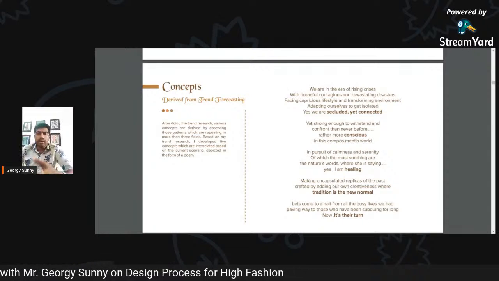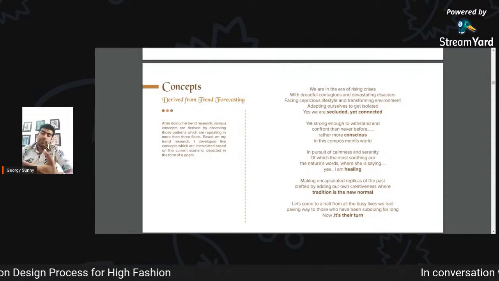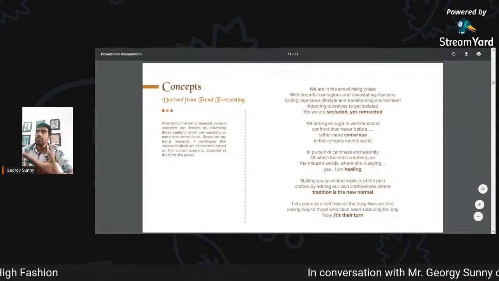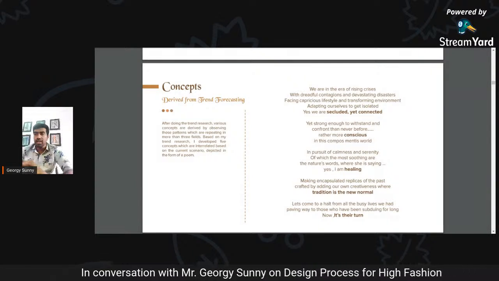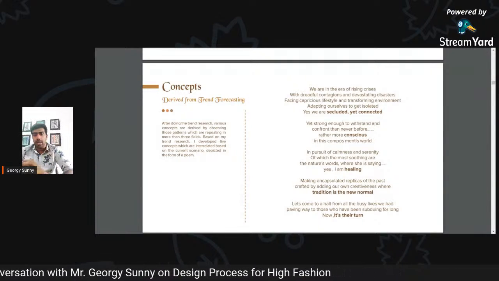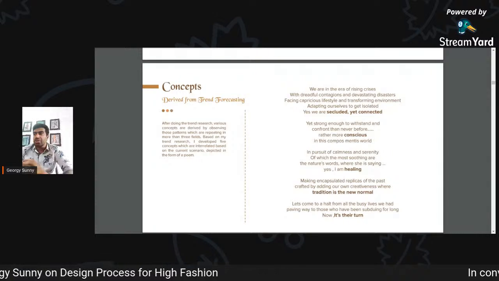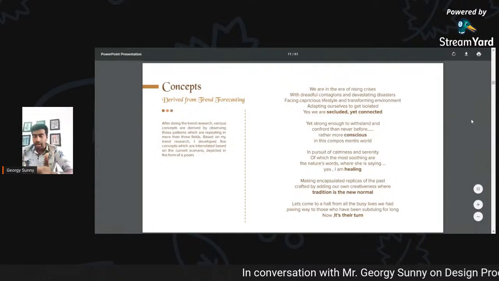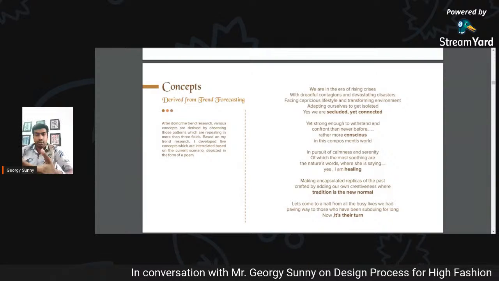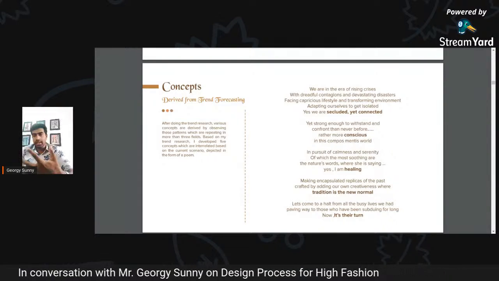Five different concepts she has come up with, and these concepts are the driving force. From these concepts only, you're going to derive your colors, your shapes, your textures and all that. So she has developed five different concepts, which can be a storyline or any inspiration kind of thing.